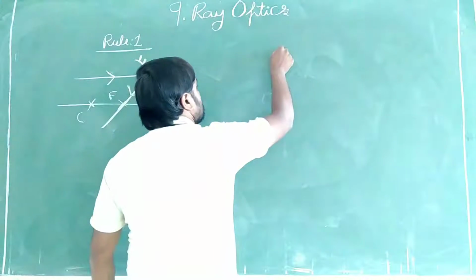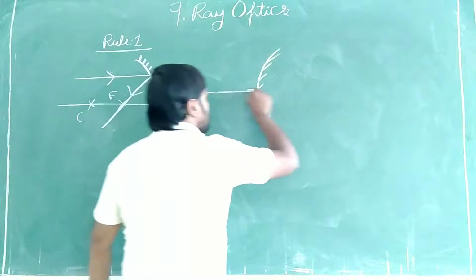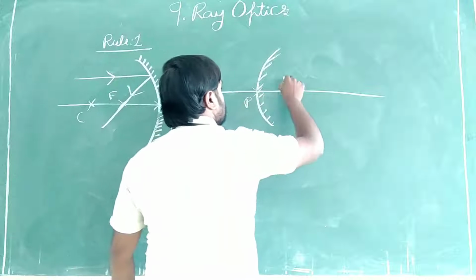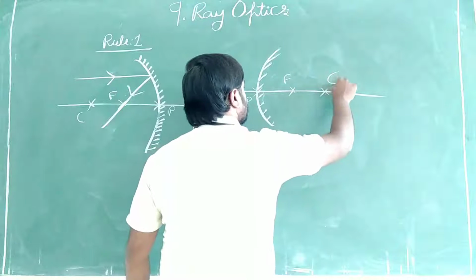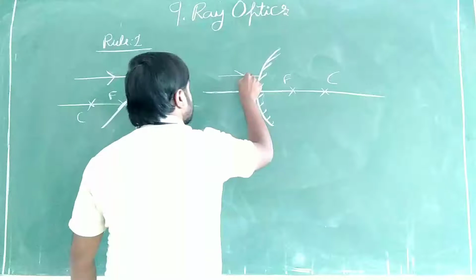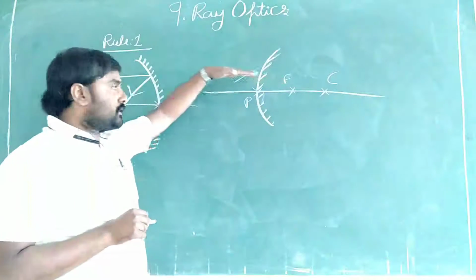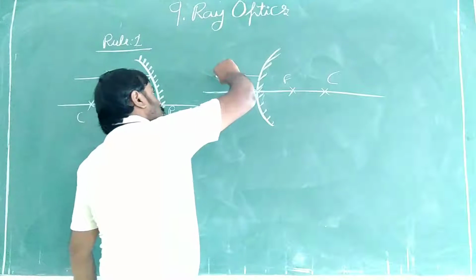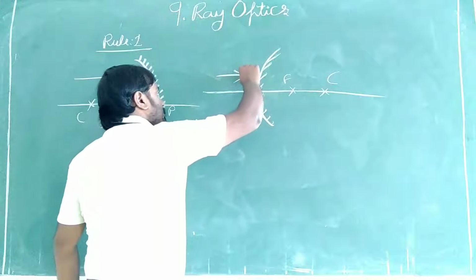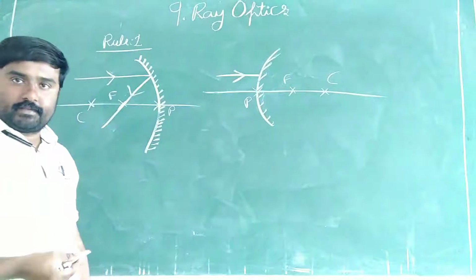But in case of convex, let us consider the convex mirror. This is the pole, this one is the focus, this is the center of curvature. A ray of light is incident on the silver surface of the convex mirror, and this ray is parallel to the principal axis.